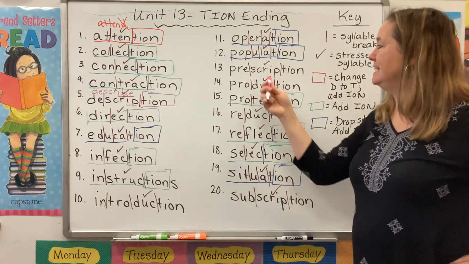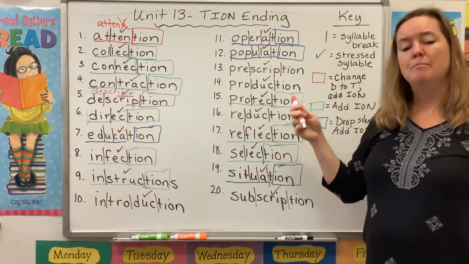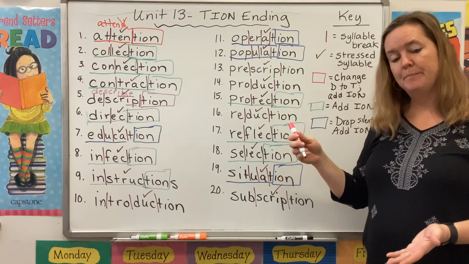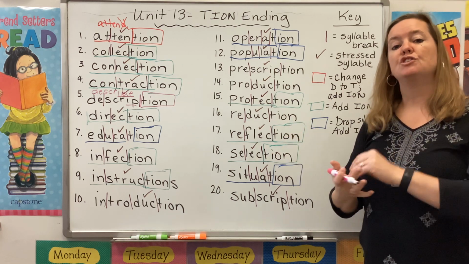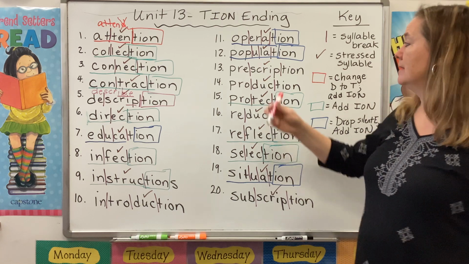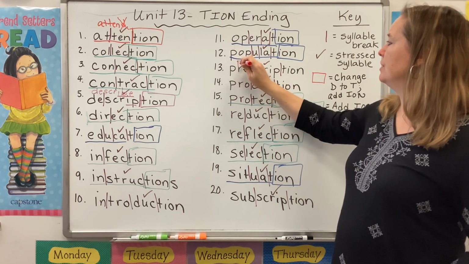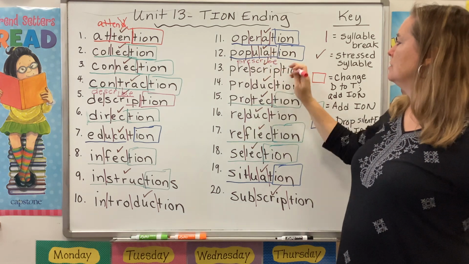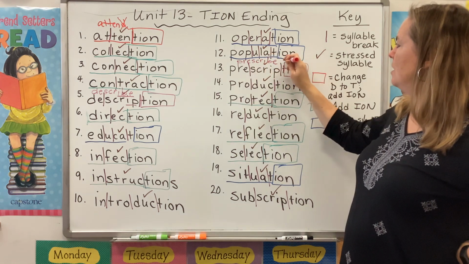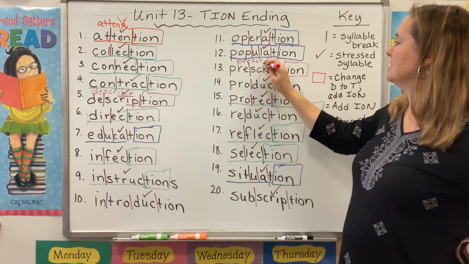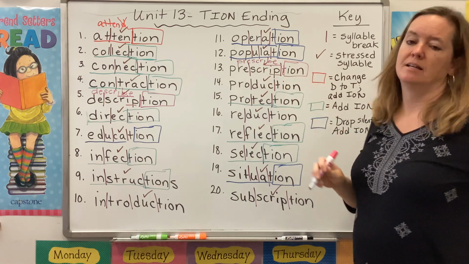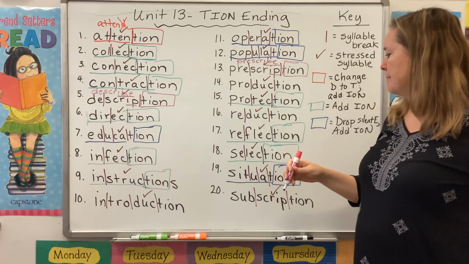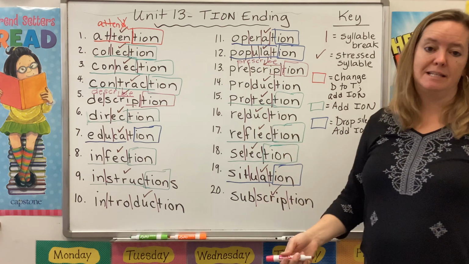Now, we see that here too. Because when your doctor gives you a prescription, what is she doing? She's prescribing medicine, right? So the verb is prescribe. So if we want to add the T-I-O-N, we have to change the IB to IP. Prescribe, prescript.